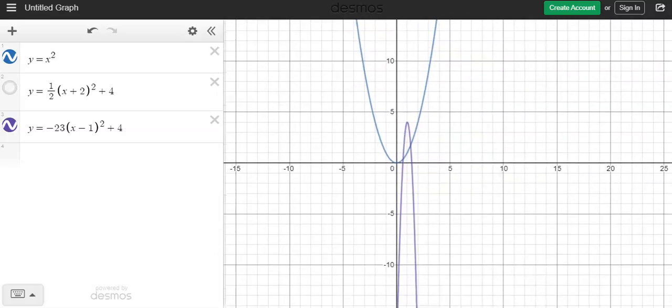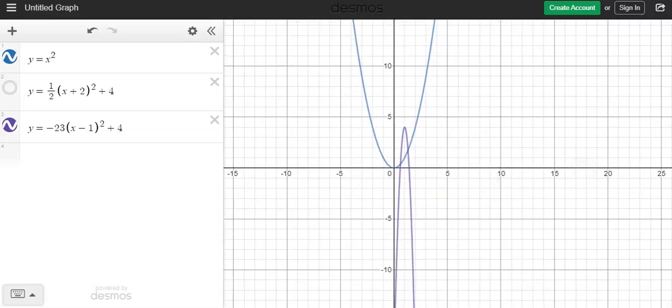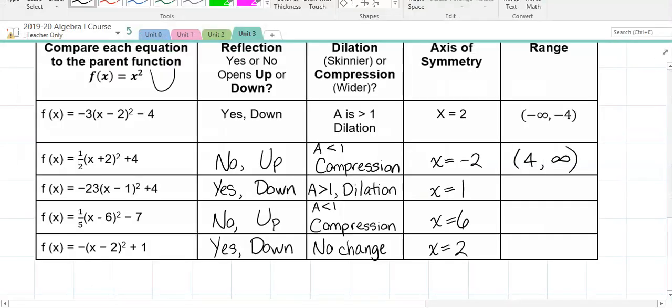Notice it got much skinnier because 23 is a very big number. And it is opening down because it's negative. It's also moved right 1 and up 4 for that vertex. So again, I would start my shade from the bottom, negative infinity. I could pull it up, up, up until I get to 4. That's kind of a coincidence that these are all ending in 4, but I think that's just a coincidence based on the examples we've chosen.